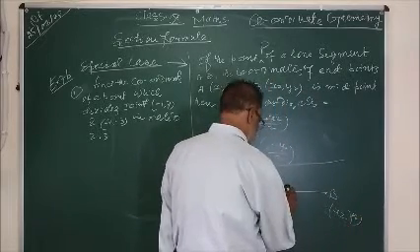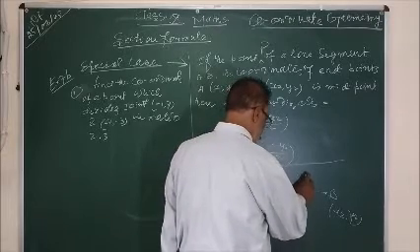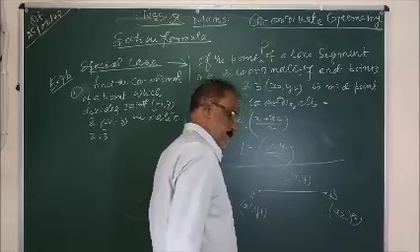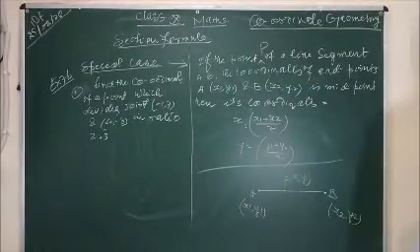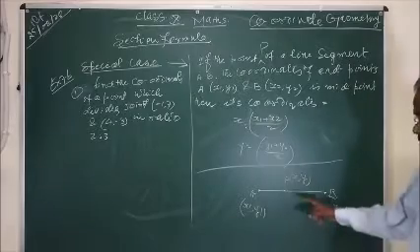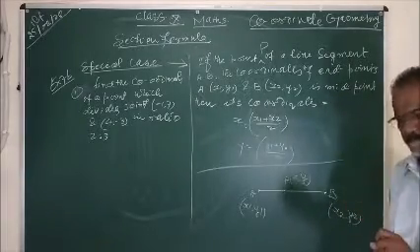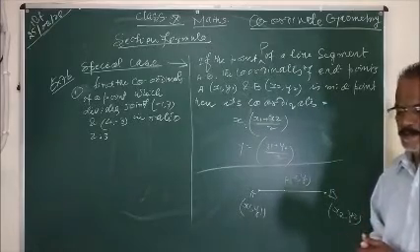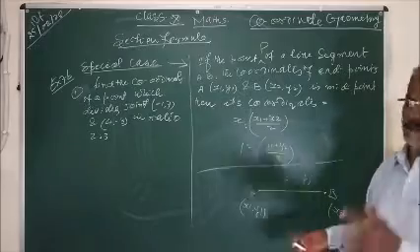Now if you take a point P, whose coordinates we don't know, suppose it is x and y. So how will you find the coordinates of the point which divides a line segment joining two points in some ratio?